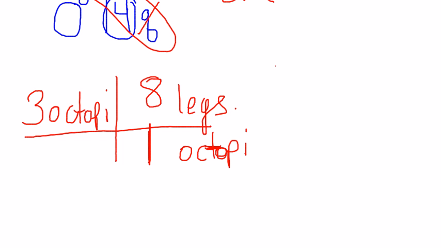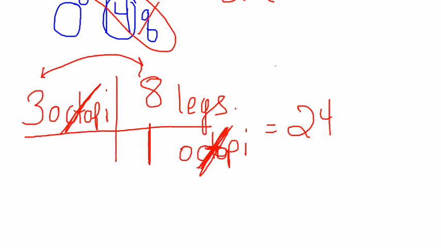The reason you multiplied by 8 was because octopi divided by octopi cancel. We multiply what's across the top, 8 times 3, 24. We divide by what's on the bottom, 1, which leaves us with 24. So we have 24 legs in our tank. Legs is the unit that does not cancel. Notice that the unit that is left over is the one that's in the upper right-hand box.